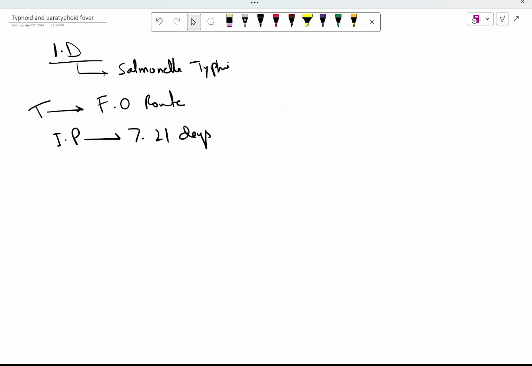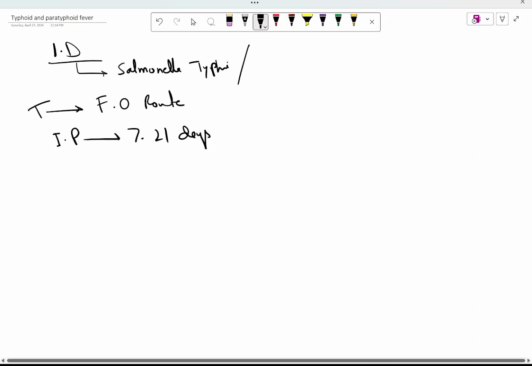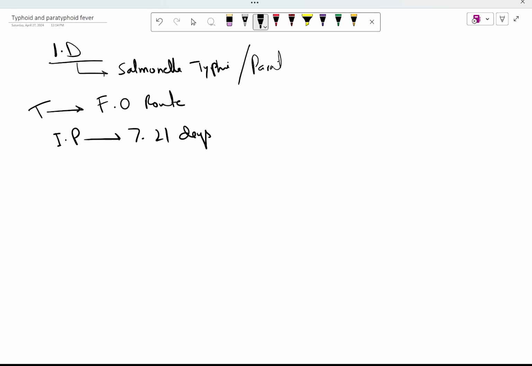These 3 points indicate that it is a bacterium, transmitted via the fecal-oral route with an incubation period of 7 to 21 days. So what is our etiology? We are going to discuss the etiology.